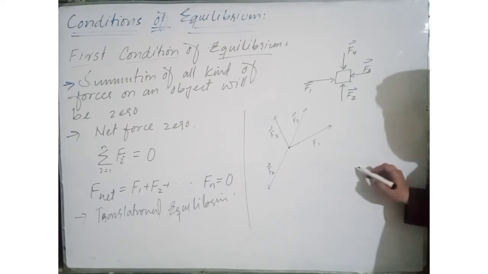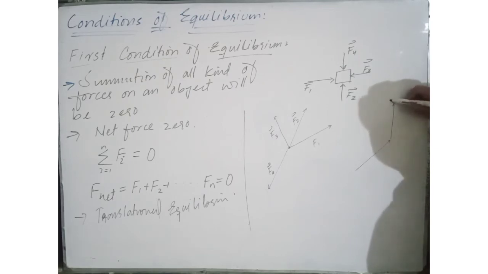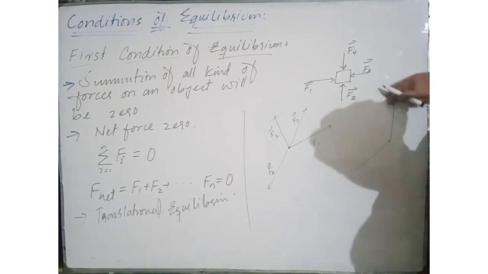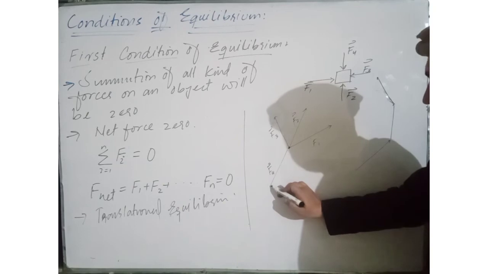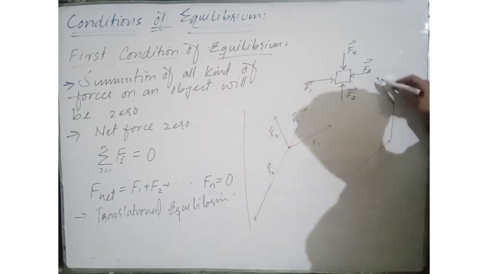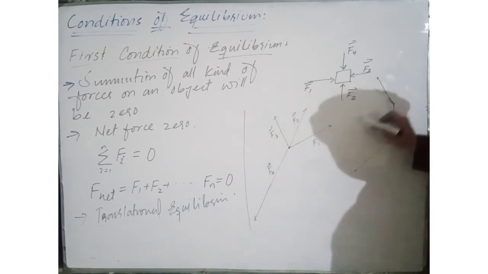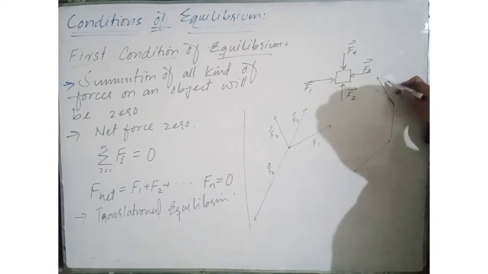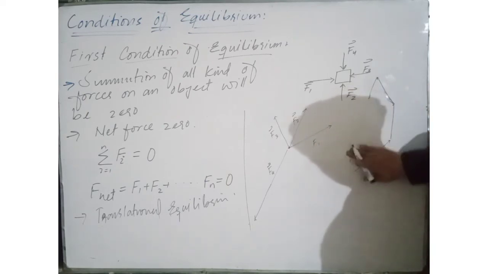So let us add all these forces. This is F1, this is F2, similarly this is F3, and in order to get 0, F4 has to be that much large. So in order to add all these forces, we have to place F4 over here.